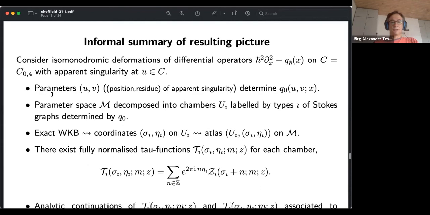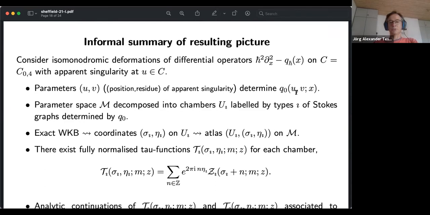Good. What is something that I didn't stress yet, but which I basically mentioned, but maybe didn't stress enough. Now let's note the parameters, which are u and v, the position of the apparent singularity and the residue at the apparent singularity. They determine in particular this leading piece in the ħ expansion of Q_ħ, which is of course the same as what you get by just setting ħ equal to 0 when you think of it as a numerical parameter.